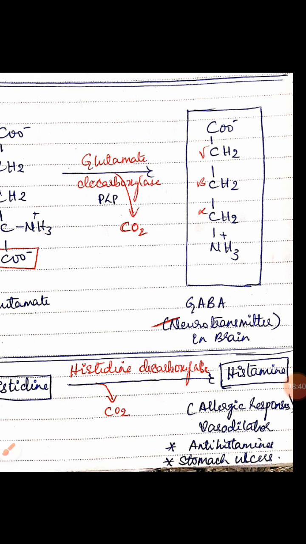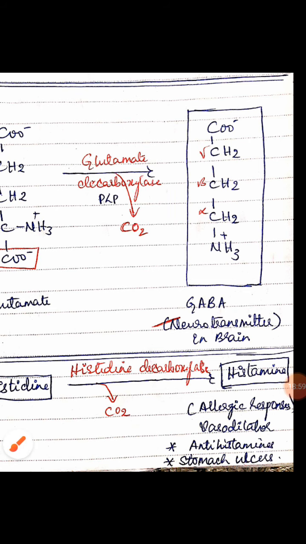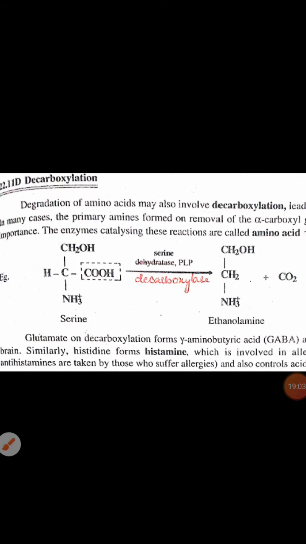Antihistamines are given to the patients who are suffering from allergies, and also it controls the ulcers, that controls the secretion of acids in the stomach. So it helps to overcome stomach ulcers or overcome allergic responses in skin. So if they ask you just decarboxylation, take example of serine, form ethanol amine by removing carbon dioxide.